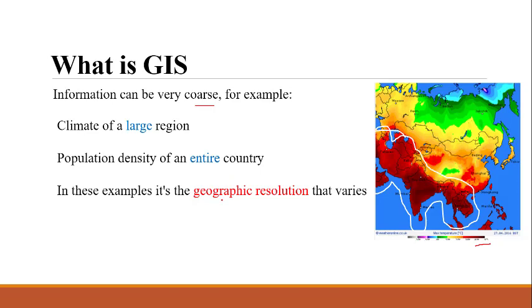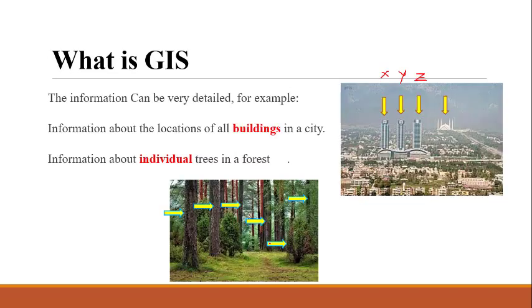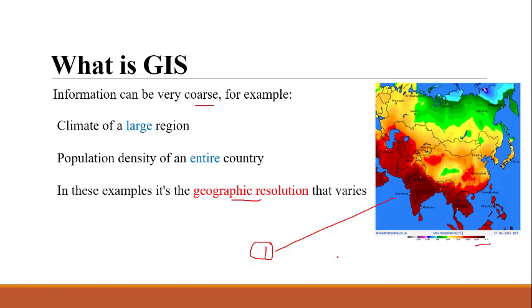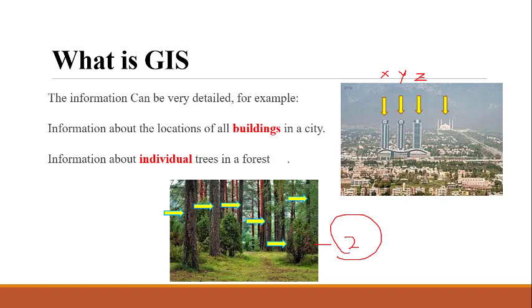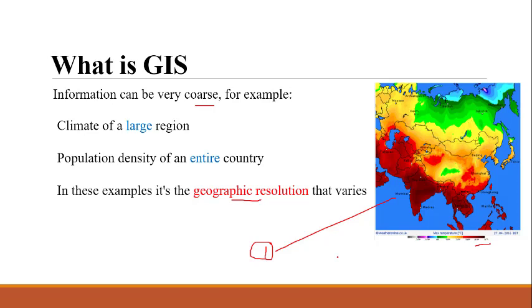These kinds of information can be studied under geographical resolution. For example, this is one, and the second one that we have studied here is two. These can be seen differently because one does not show us detailed information, and two shows us detailed information. So this comes in geographical resolution.